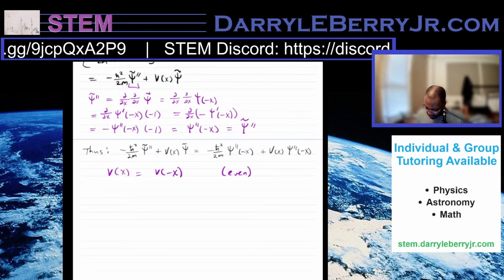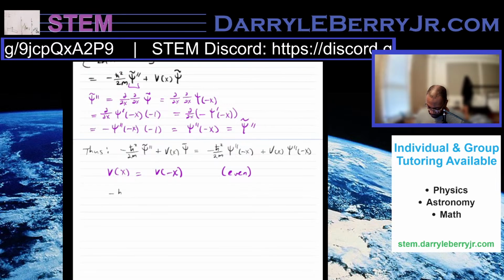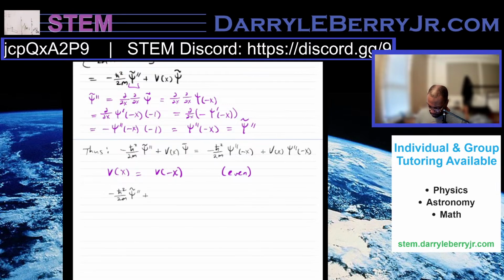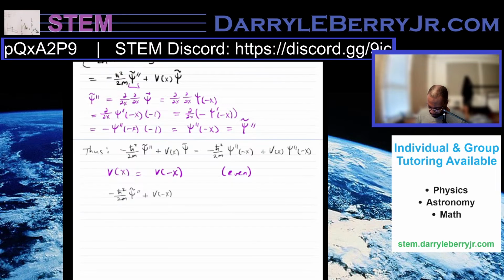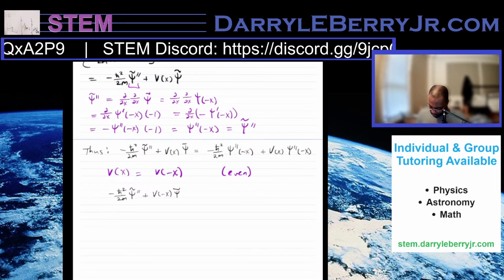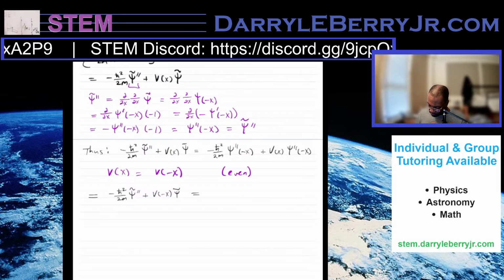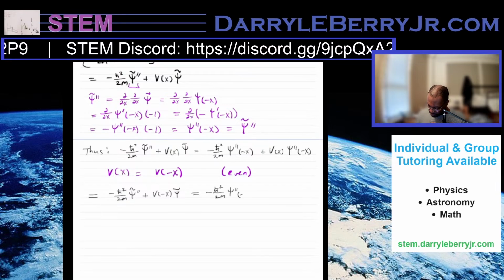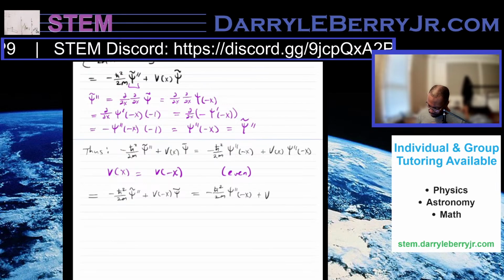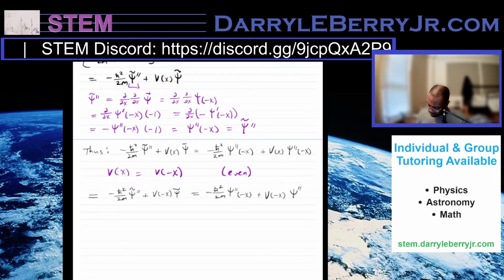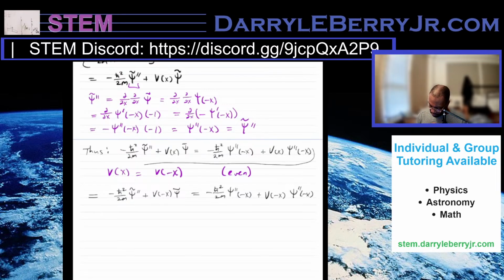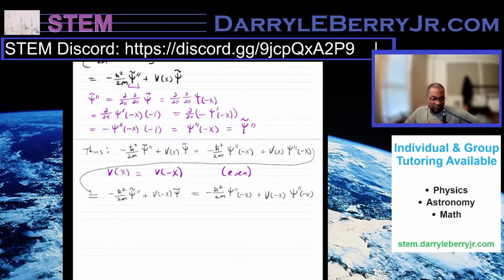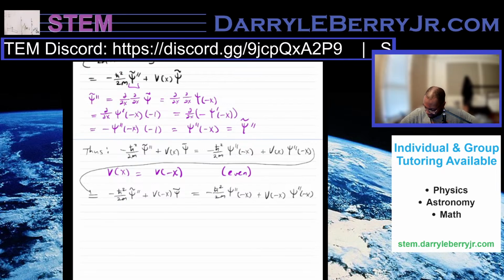So we can say all of this equals... finally the right hand side has functions evaluated at negative x.